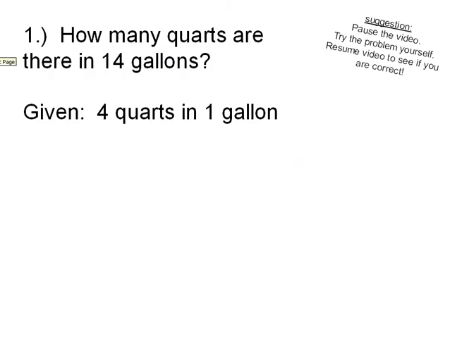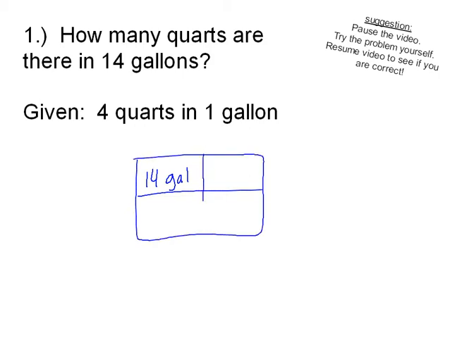All right, so a couple of simple examples. Let's see, we're going to go from gallons to quarts. All right, so we've got 14 gallons to start with, and I'm going to build my box kind of around that. Looks like it's going to be a pretty easy one. Remember I said like measurements across from each other, so I've got to put quarts up here.